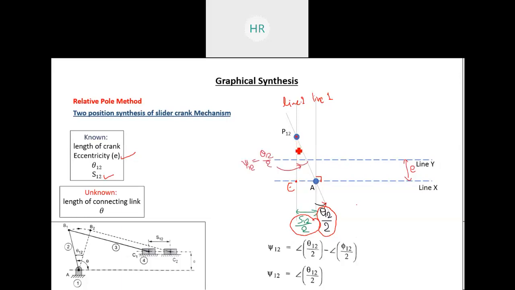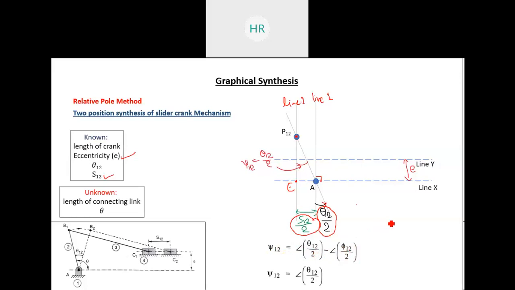Now measure this angle that is subtended at the pole point. Okay, so it is known as zeta 12 or xi12 is equal to theta 12 by 2. So now recall the 4 bar mechanism theory. In that we described that zeta 12 is equal to angle theta 12 by 2 minus phi 12 by 2.